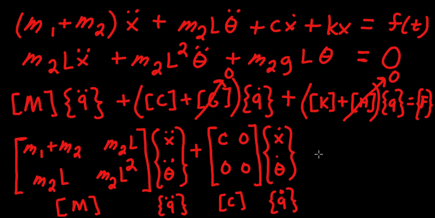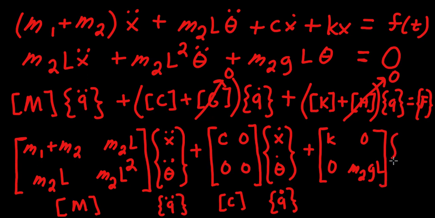Make sure it's clearly one dot. And then I have my stiffness matrix, which is going to have this k here, 0 here, m2gl here, 0 here.